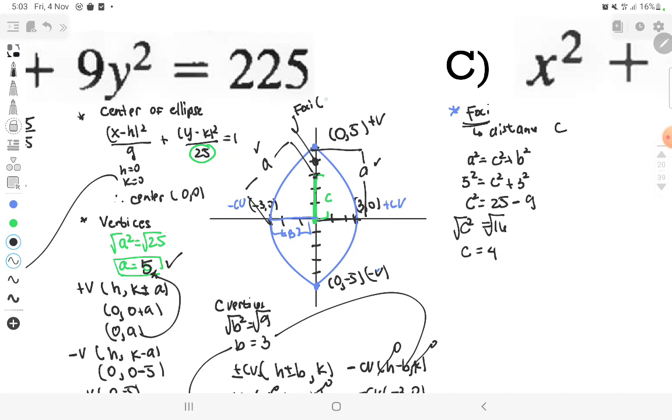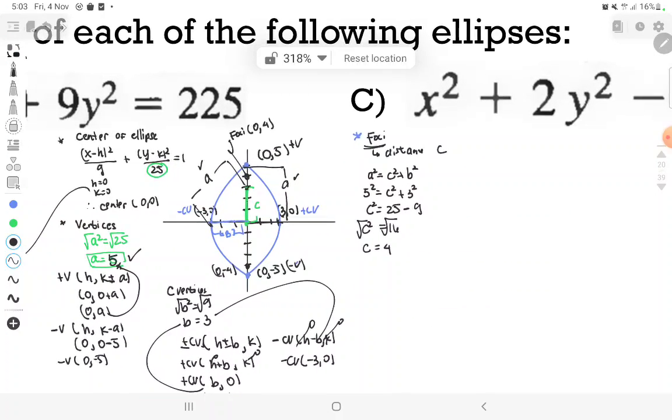So therefore our foci is at 0, 4, and of course we have the mirror property, 0, negative 4. Now how did we get the positive foci and negative foci? For 0, positive 4 for my positive foci, and for my negative foci I have 0, negative 4.